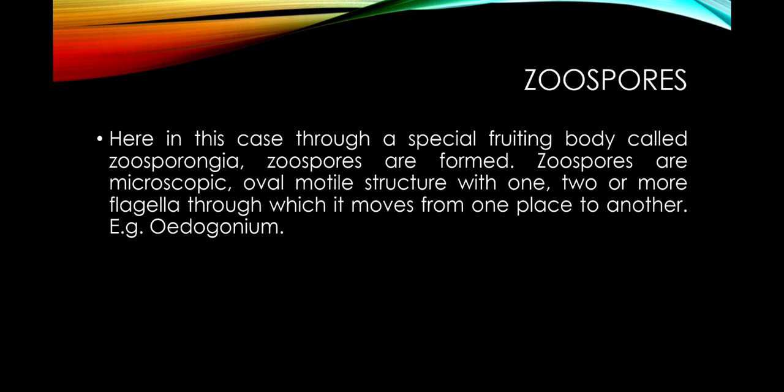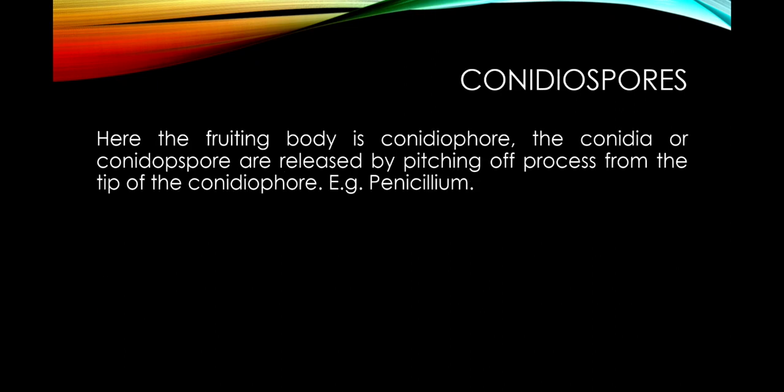Here, through a special fruiting body called zoosporangia, the zoospores are formed. Zoospores are microscopic, oval, motile structures with one, two, or more flagella through which they move from one place to another. For example, in the case of Oedogonium, a well-known algae. Now, the next is conidiospore.